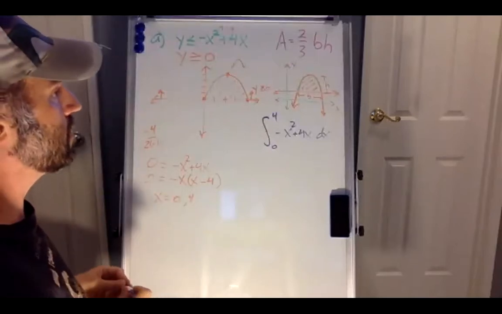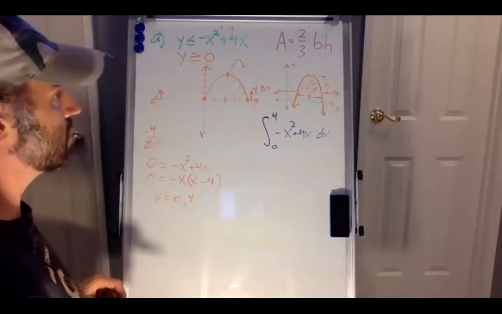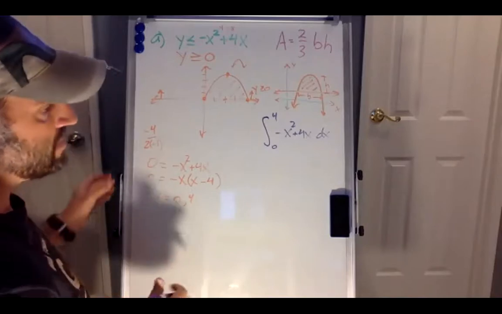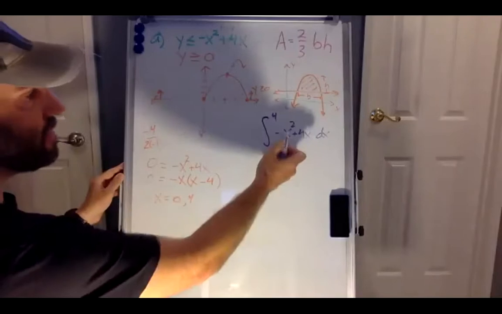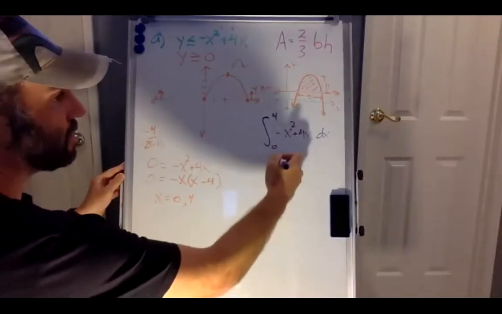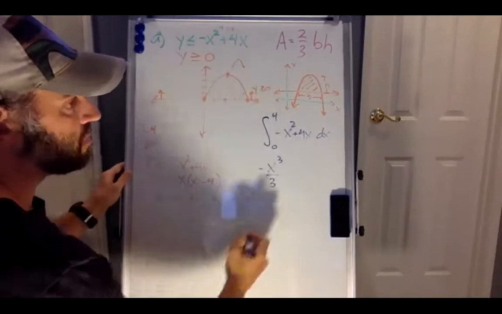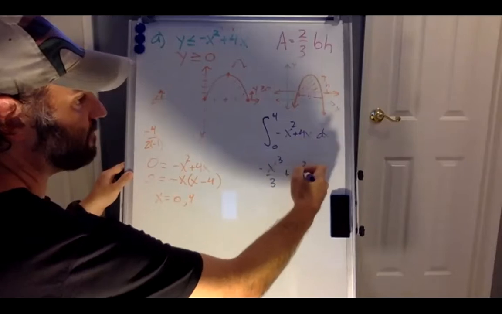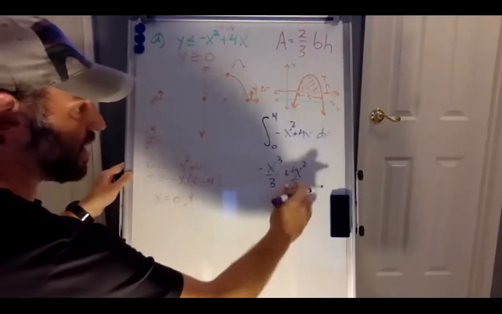But of course, you'd have to split it, because the integral of the sum of two functions is the integral of one function plus the integral of the second, and then you take the integral from 0 to 4. So this becomes negative x cubed over 3, and the other one becomes 2x squared, because the 4 and the 2 can cancel.